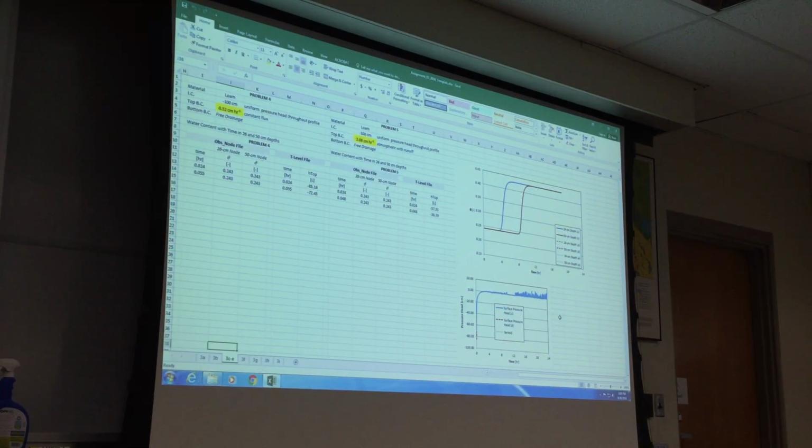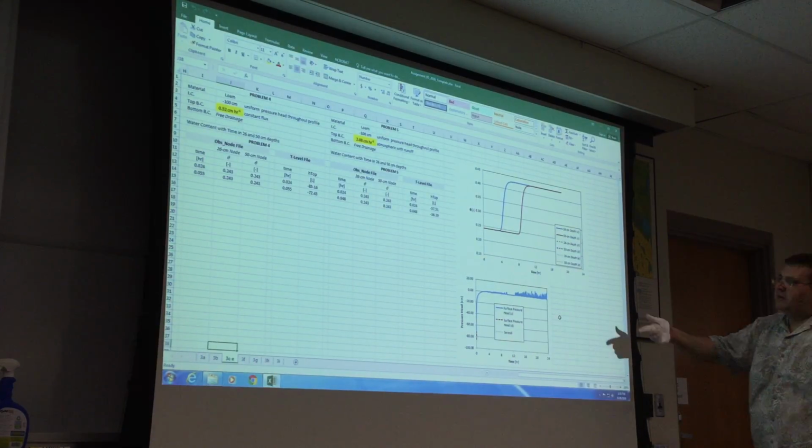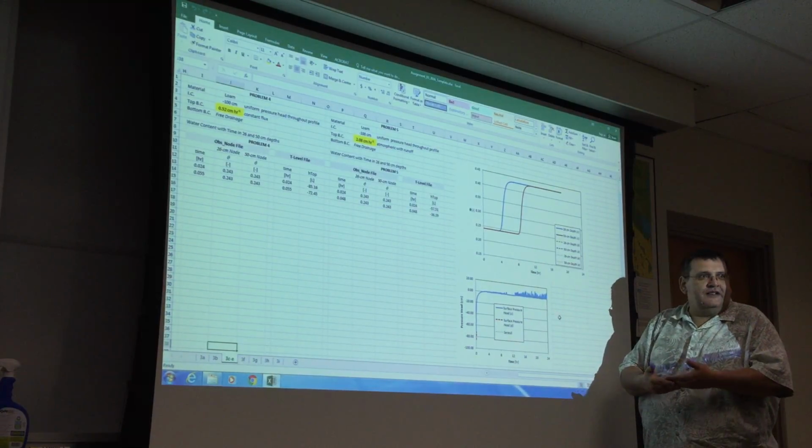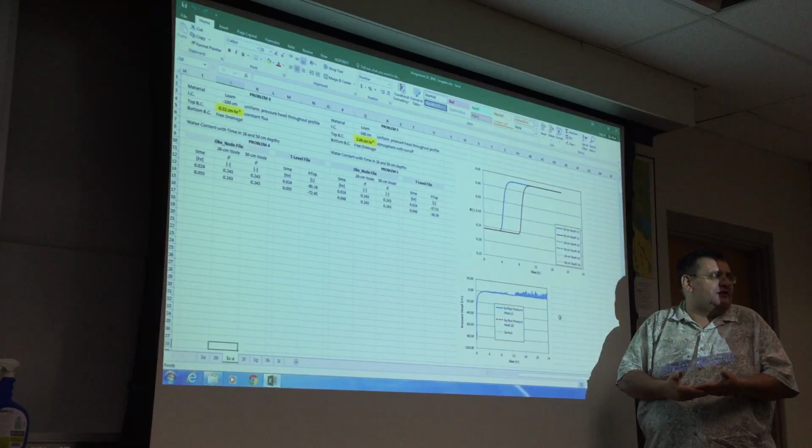And then you see the pressure head ramping up relatively fast until the soil gets saturated on the surface. And then the soil remains saturated. But what you also see is that not all water can infiltrate.